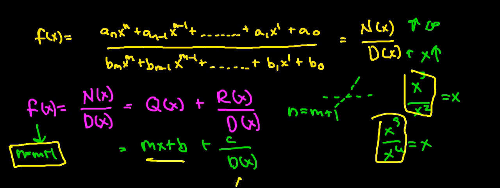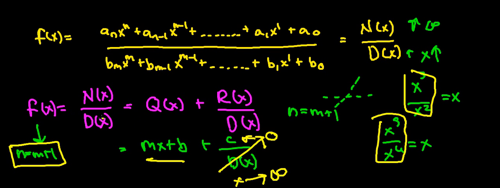However, as x goes to infinity, this remainder becomes less and less significant because we have a constant being divided by some function of x. So x is going to keep getting larger and larger, and this constant is going to be the same. So this is going to go to 0, and we are going to be left with this line. So this line is what the values of x approach.